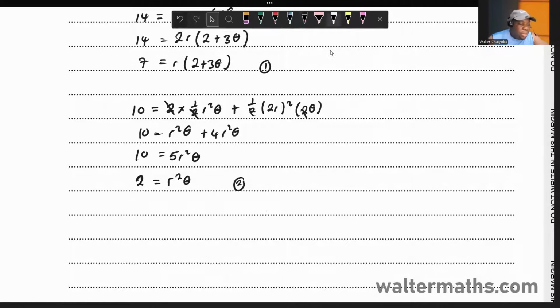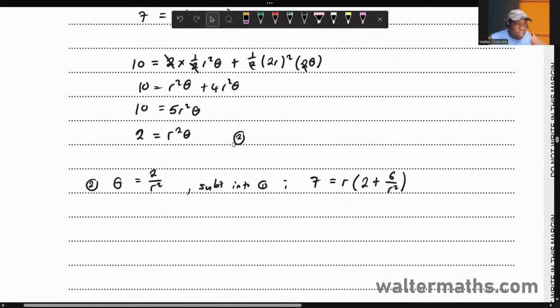All right, so from equation 2, theta is 2 over r squared. If we substitute that into equation 1, we have 7 equal to r of 2 plus 3 theta, which is 3 times 2, which is 6 over r squared. So 7 is equal to 2r plus 6 over r.